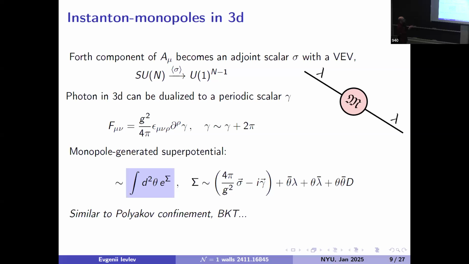So the remaining three components of the gauge field can be dualized to a scalar. There is a simple relation, F mu nu, where mu and nu are now 3D indices which run from 1 to 3. The epsilon tensor, the Levi-Civita tensor, has 3 indices as well, and the 3 remaining components of a vector field can now be dualized to scalars. In fact, a periodic scalar.